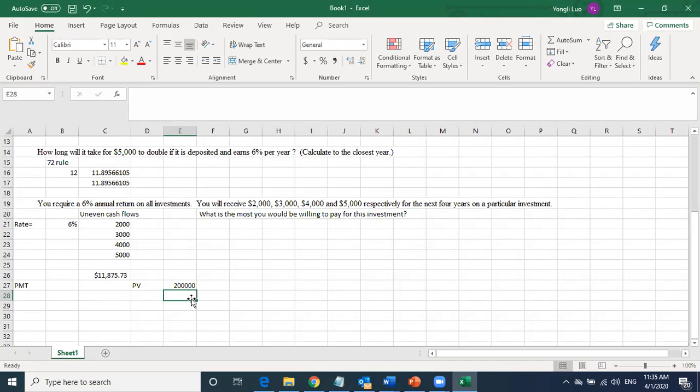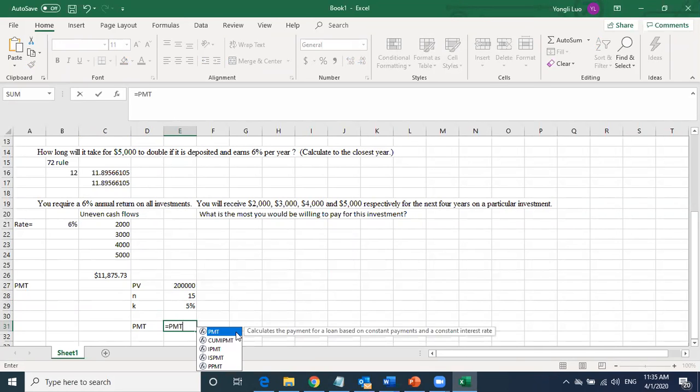And the interest rate is 5%. It's asking you how much money you have to pay every year. So this is going to be the payment. It's asking how much money you have to pay every year to pay off this money. So it's going to use the payment function.